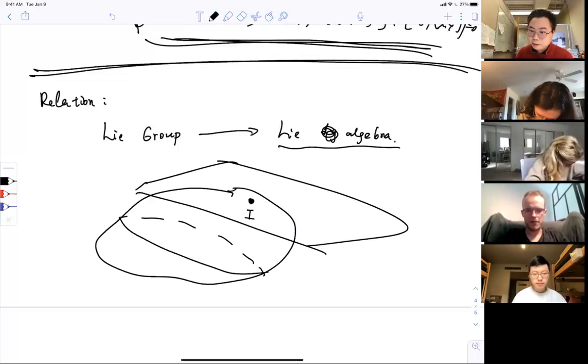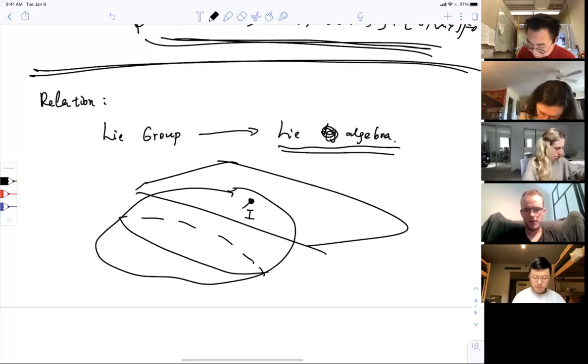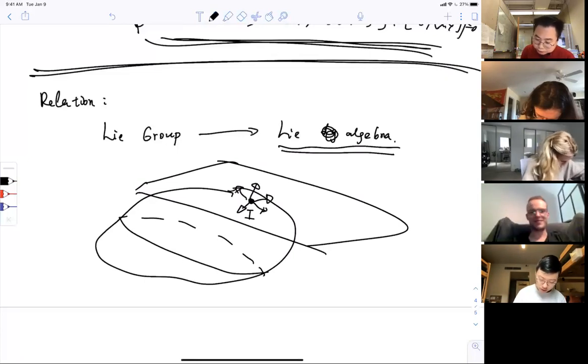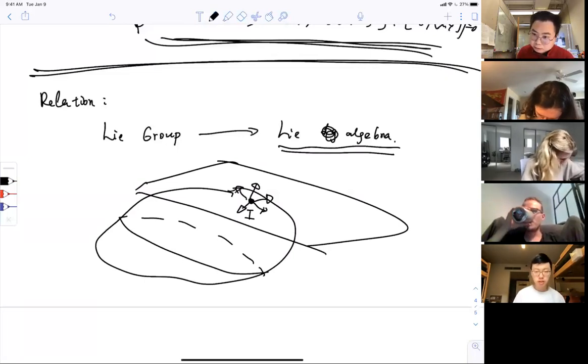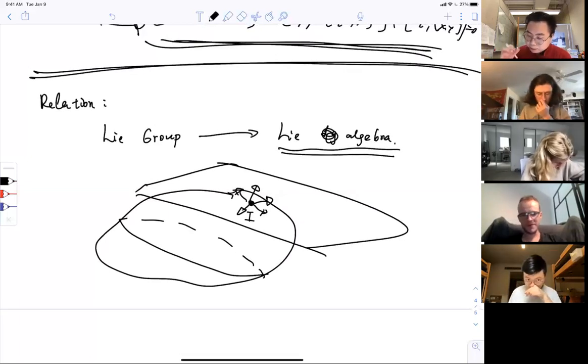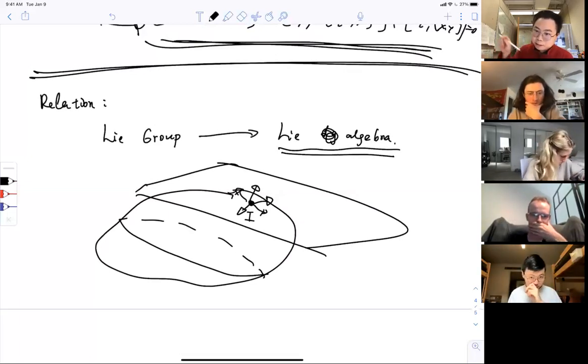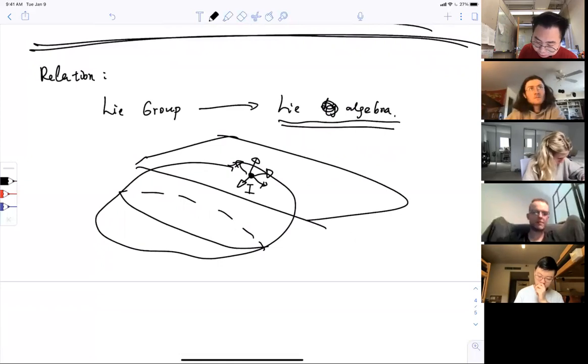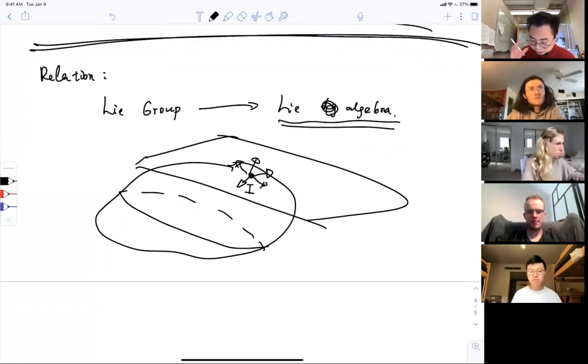And the generators of this Lie algebra are the basis in this tangent plane. Remember, a Lie algebra is a vector space, right? Very naturally, a tangent plane is a vector space. And remember, the Lie algebra has another structure called the Lie bracket, the bilinear operation. That comes from the group structure, as you will see later. I think this is the most useful picture you should have in your mind for the Lie group and Lie algebra.